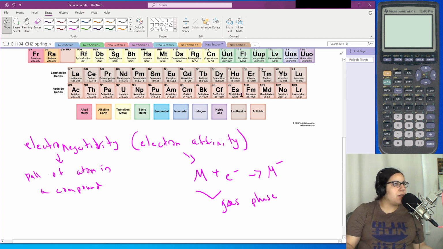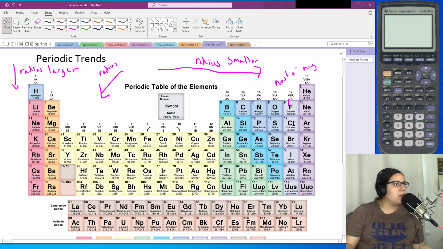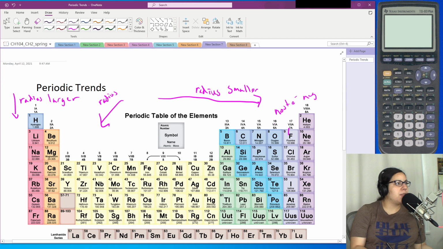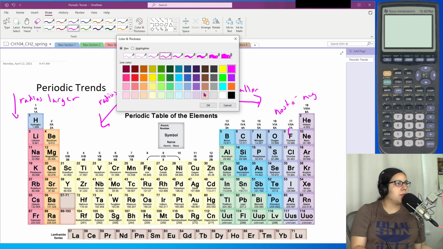So you find it generally follows the same trend, but the funny thing is chlorine actually has a higher electron affinity, but you don't necessarily need to know that. What we do need to know is that fluorine is our most electronegative, or this side again has our most electron affinity. And so we'll write a little note here that electronegativity increases. So it kind of follows the opposite of radius. Let me switch pens.